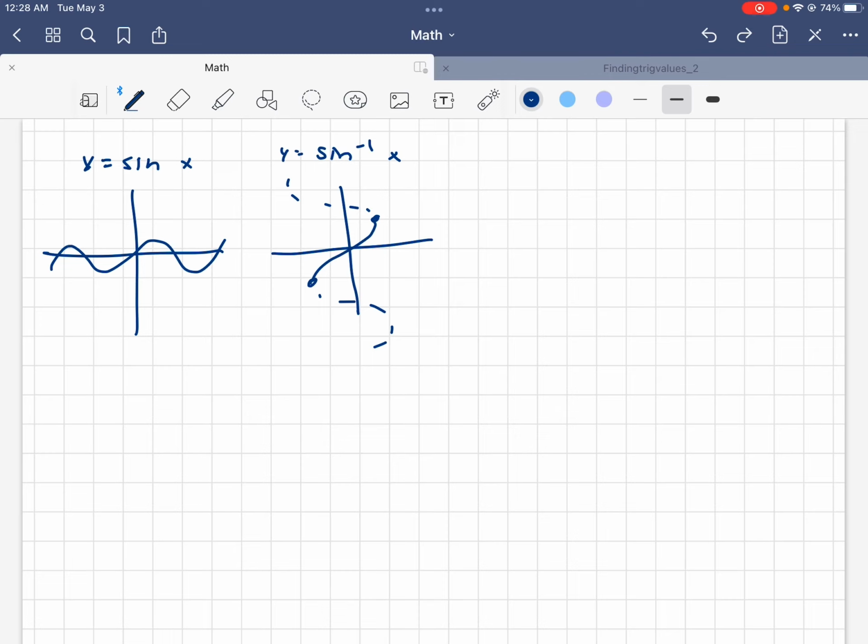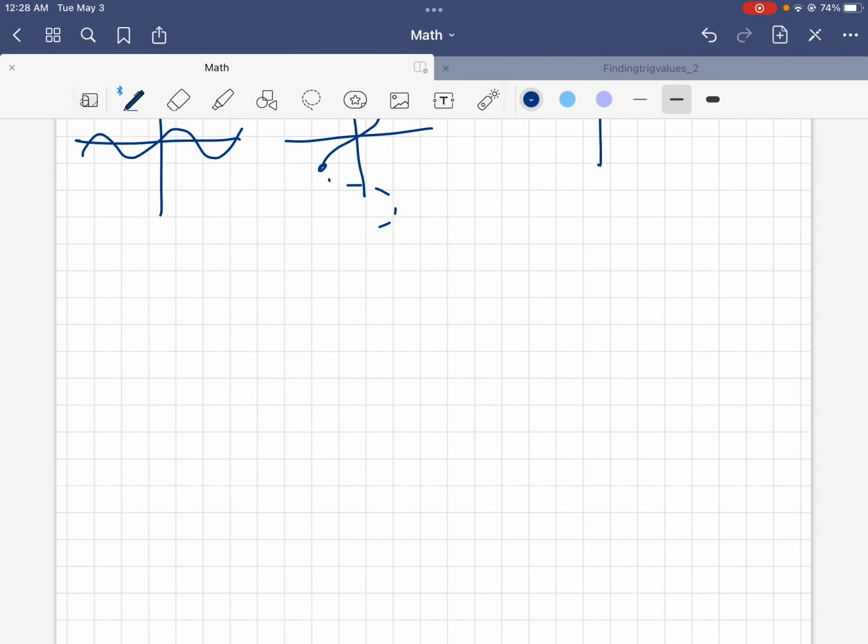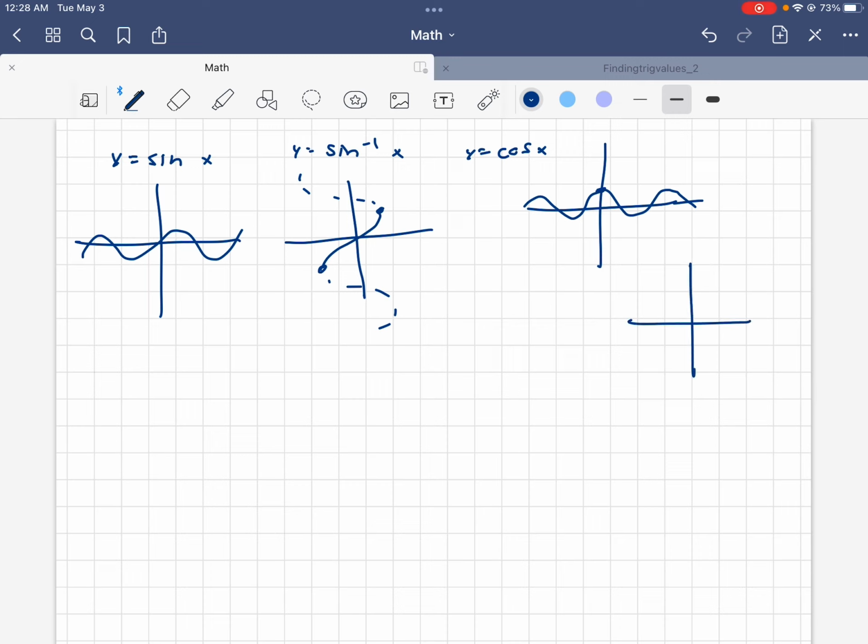And then cosine: this is y equals cosine x. It starts at the max, and the period ends at the max, if it's positive. If it's negative, it will start at the min and end at the min. Arccosine, or cosine inverse, is going to be like that.